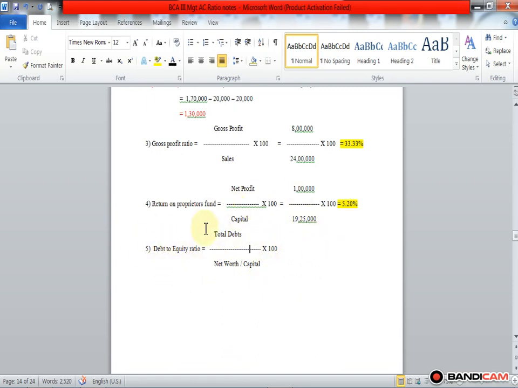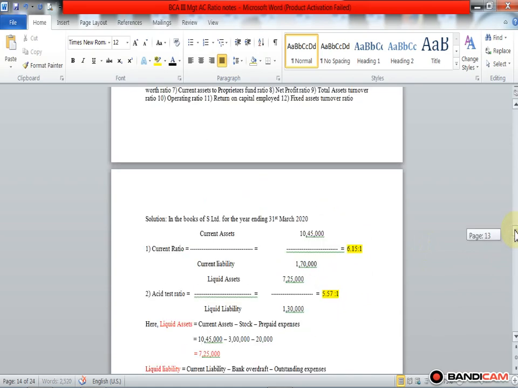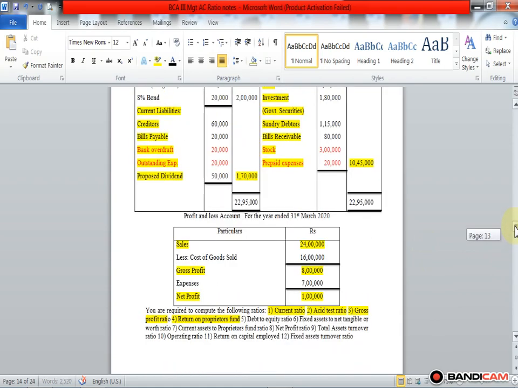Okay, here in our previous lecture we understood the meaning of debt to equity ratio. So here just put the figures in the formula, we get the debt to equity ratio. So utilization of capital and utilization of debt in the business.